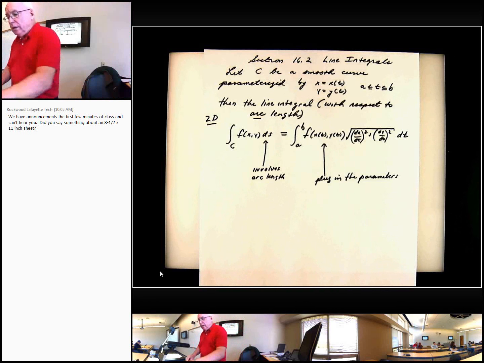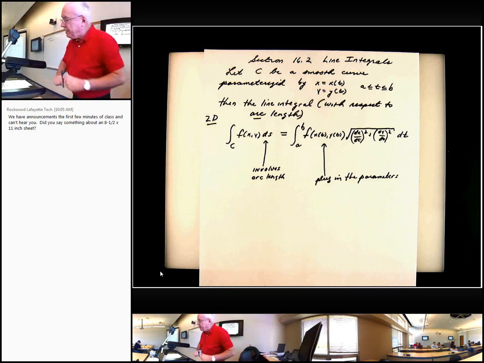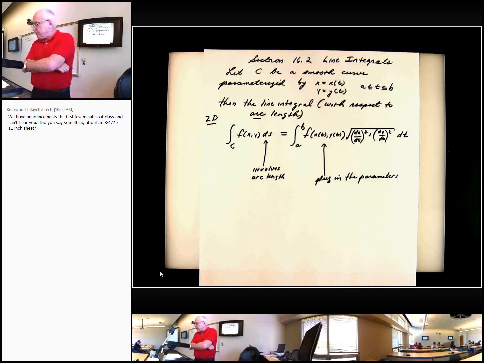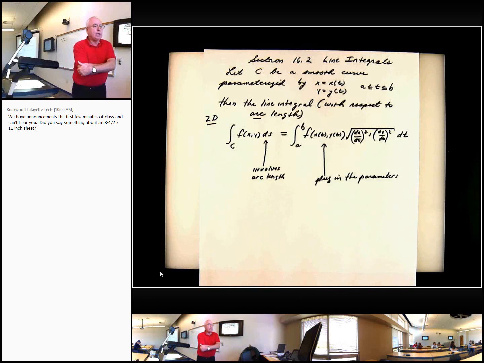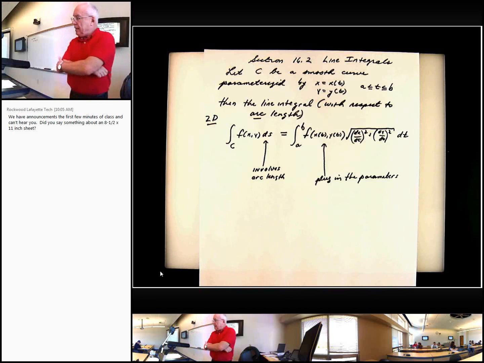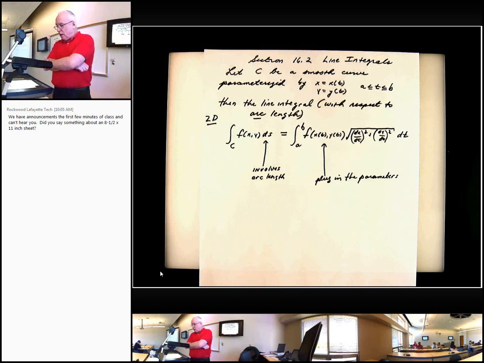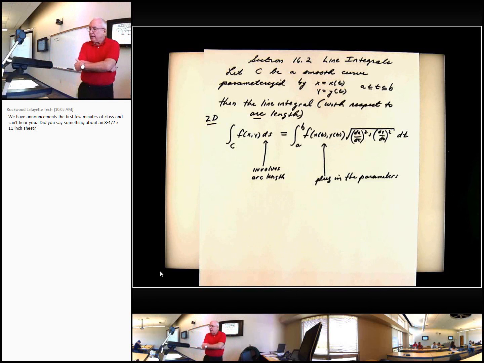Usually C is the smooth curve, parameterized with a parameter t, where t goes from number a to number b, and x equals some function x of t, and y is some function y of t.